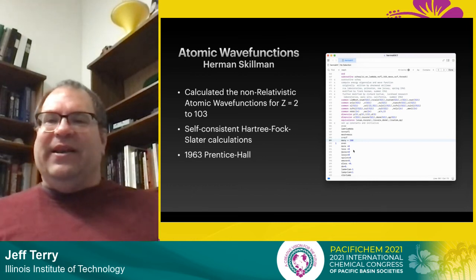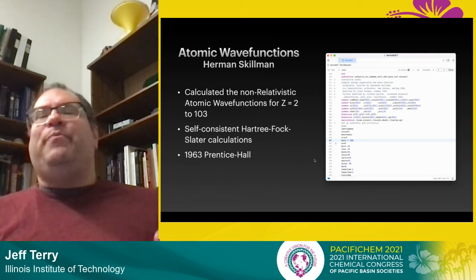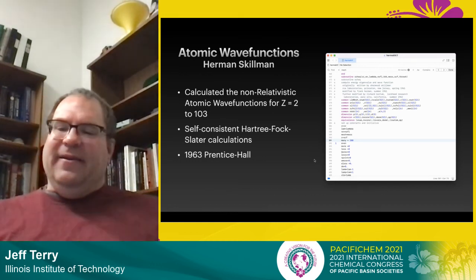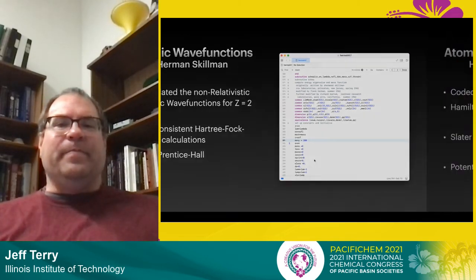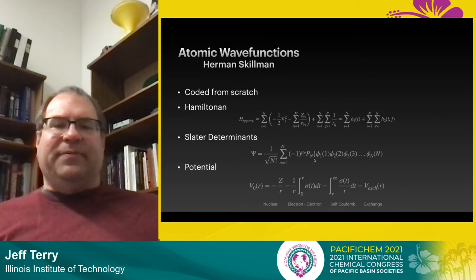Of course, it was written in spring of 1961, modified in 1961 and 1962. But this is code that I used as a graduate student. It is actually still fairly commonly used. So we coded this from scratch.